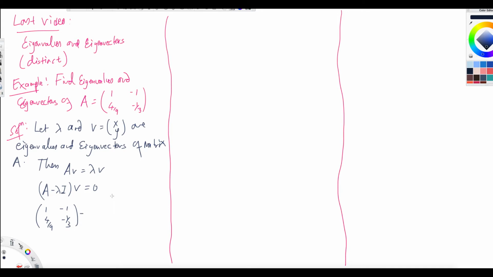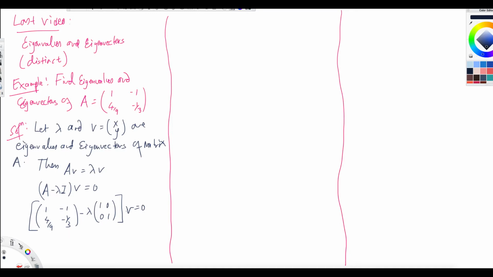And then minus lambda times I, which is 1 0 0 1, and then v equals 0. This is from the definition, okay?